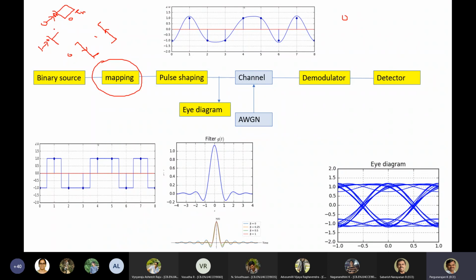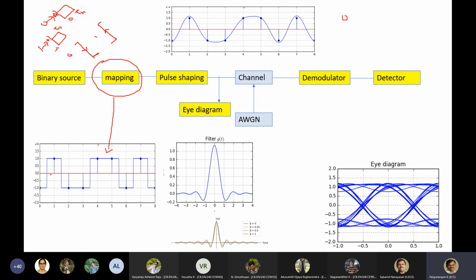Such a mapping is what I am doing here, so the binary information and its corresponding mapping are drawn here. You can use a PAM or a PPM, whatever you are comfortable with, to convert to this time-varying representation.